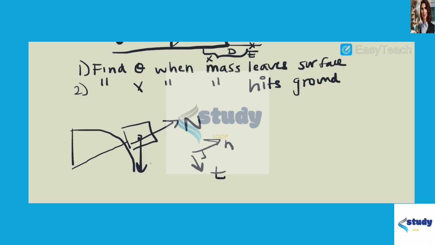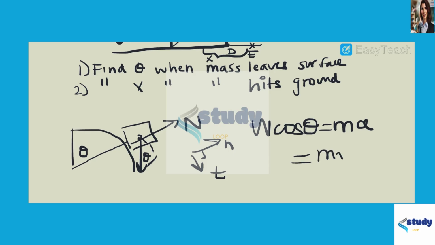Now, as we resolve our forces, we'll see the components of weight, which I will draw here. This is our theta, and just by a triangle, that same theta is right here. In the normal direction, the only force acting is the component of the weight force, that is cosine theta. So W cosine theta is equal to ma, and in circular motion nomenclature, that is equivalent to mv squared over h.